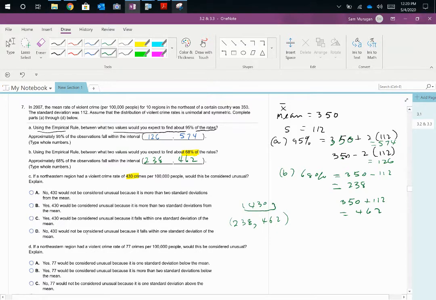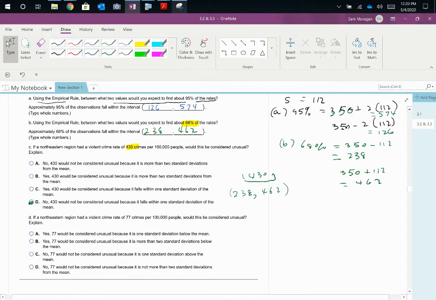So it's not unusual because it falls within one standard deviation. Now, in another region, 77 crimes per month would be very unusual, because the two standard deviations range is 126 to 574, and 77 is way lower than 126, so that's way below two standard deviations.